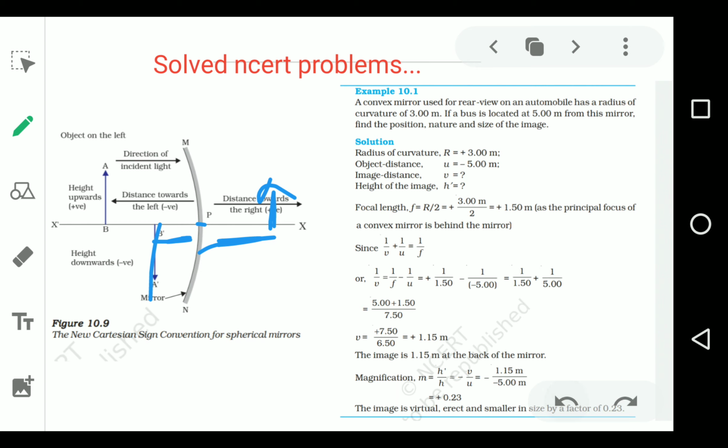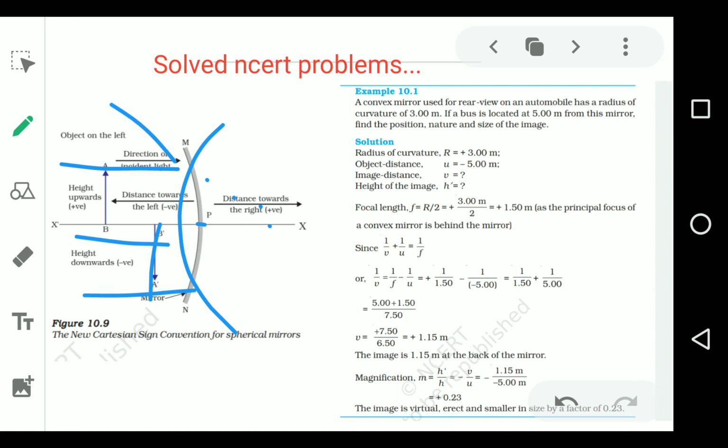So this is about the object distance and the image distance. In the same way for focal length, for the concave mirror the focus is always on the negative axis, so the focal length for a concave mirror will be negative. For the convex mirror, the focus is found behind the mirror, so the focal length is on the positive x-axis, so the focal length is positive.